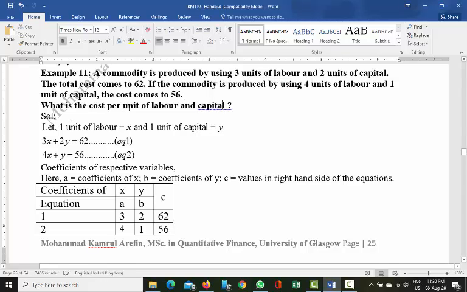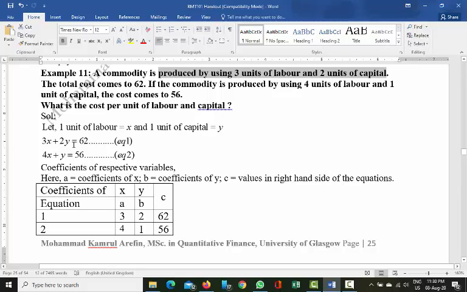So let us assume that 1 unit of labor costs x taka and 1 unit of capital costs y taka. So we have labor and capital, that's the two variables. So a commodity is produced by using 3 units of labor, that means 3x, plus 2 units of capital, that means 2y.